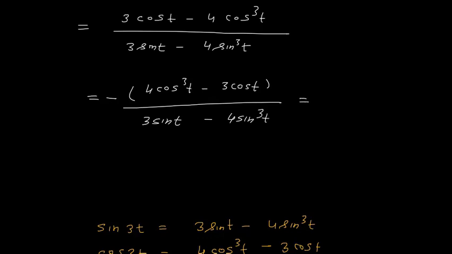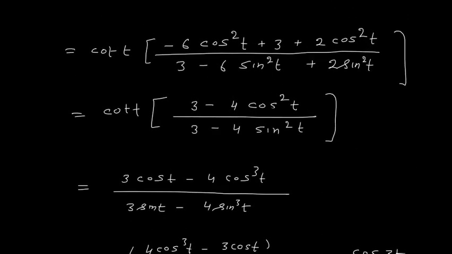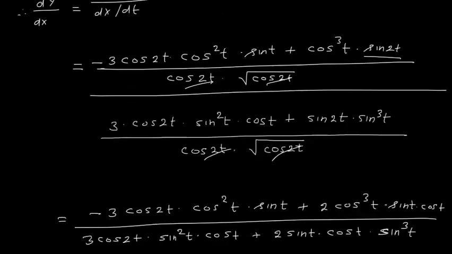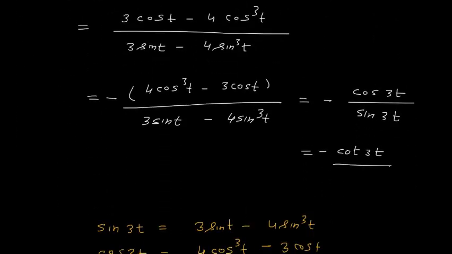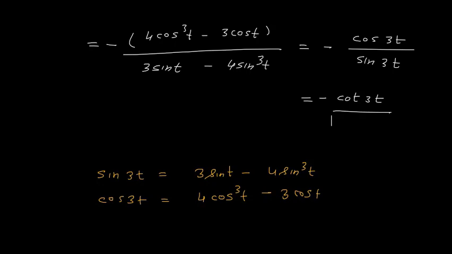So this is equals to minus, numerator we have cos 3t and denominator we have sin 3t. So minus cos upon sin is cot. So this is minus cot 3t. So dy upon dx is minus cot 3t.